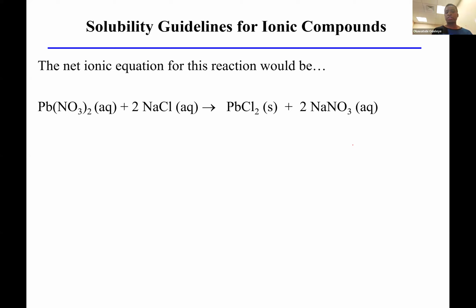The net ionic equation for this: this is aqueous, this is aqueous, this is a solid, so it's going to stay, and this is aqueous, so we're going to break that up. I'm going to first break everything up to write my total ionic, and then take out my spectator ions.